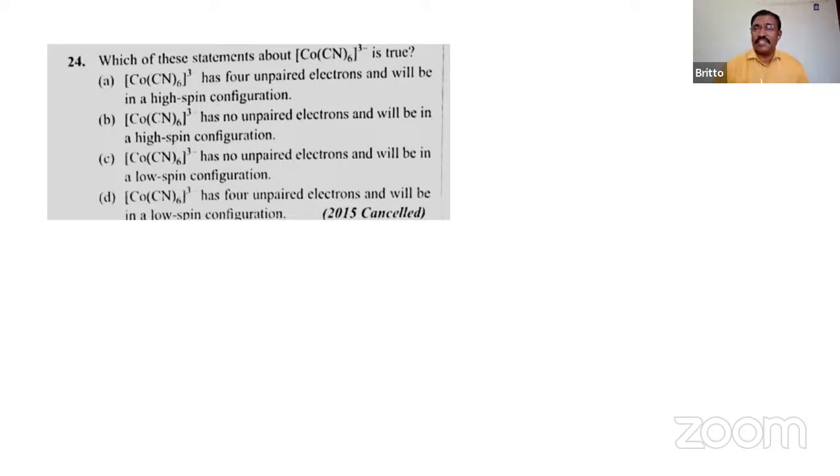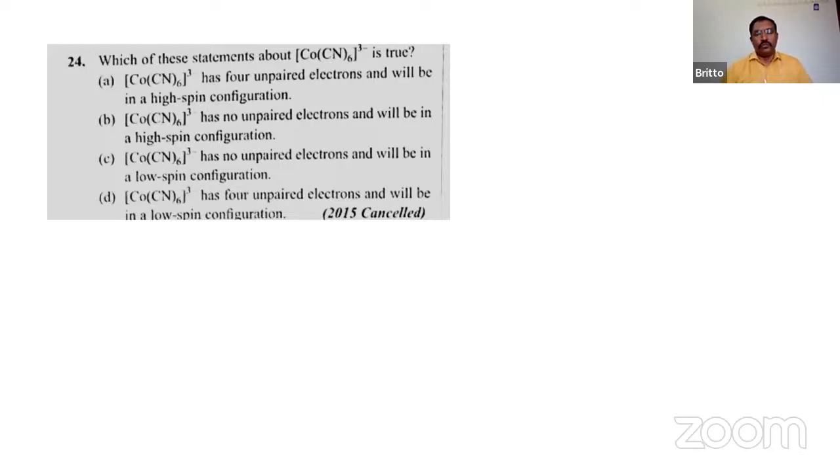So cobalt 3 plus is d6. With strong ligands it is going to form only a low spin complex, and all 6 electrons are going to be paired. There are no unpaired electrons and it will be a low spin configuration. That is, option C is the correct one.